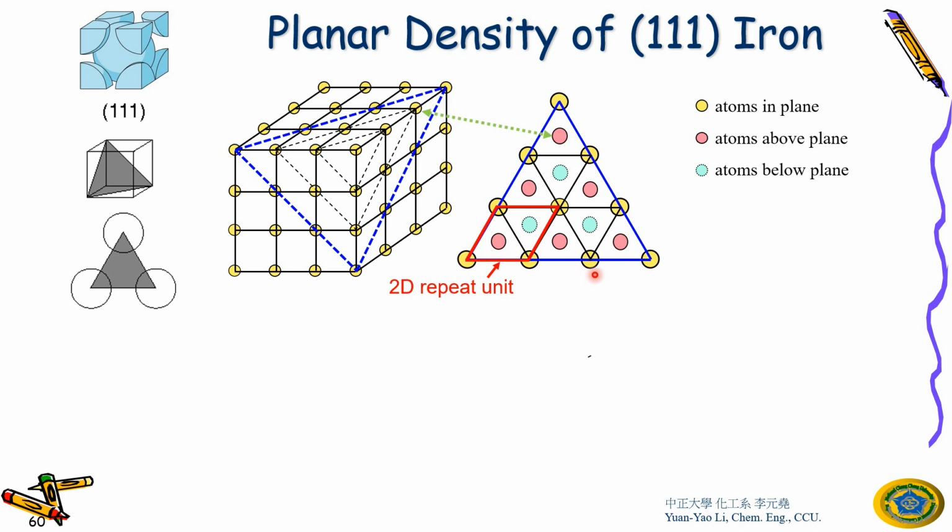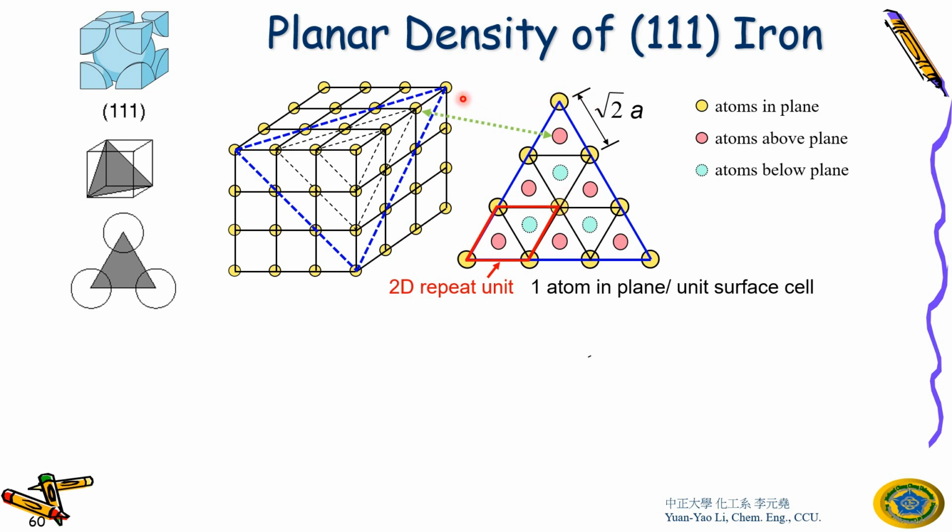Okay? So 1 atom in a plane per unit surface cell. So this is the surface, this is above, this is below. Right, and then you need to find out the length, because you need to calculate the area, and you need to calculate how many atoms are in this area, right?